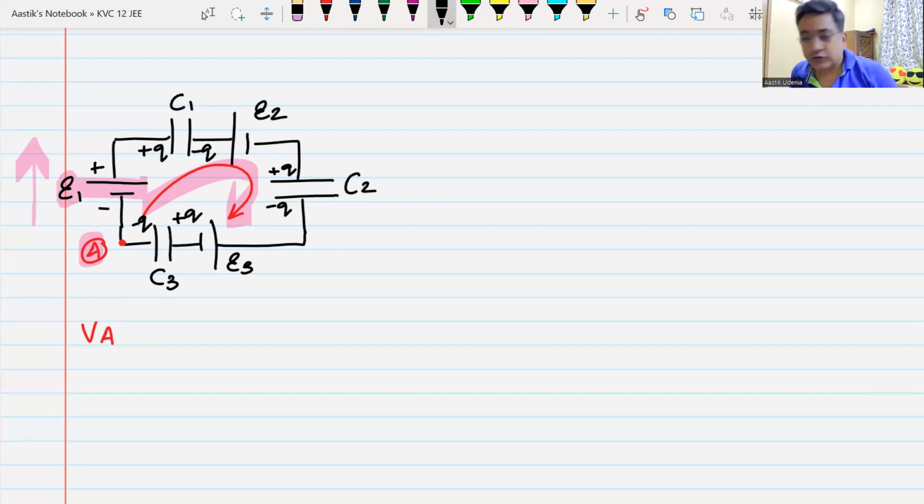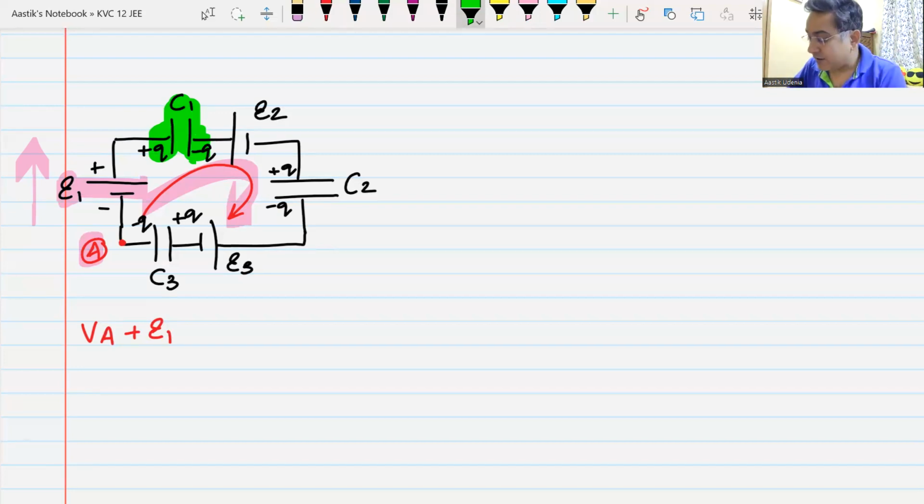Sir. So now there is a potential change. How much is the potential change when I move across this battery? Plus E1, sir. Why plus? Because I'm going to higher potential. So I write it as VA plus E1. Everyone understands this?